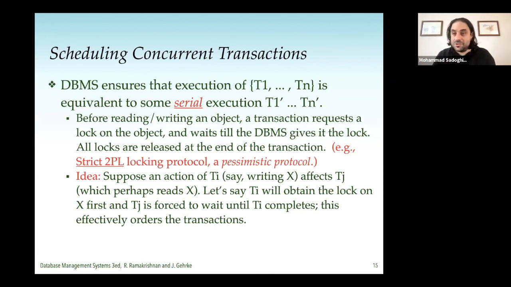In a serial execution, that could never have happened. In a serial execution, it's first 1, then 2, or first 2, then 1. But once I mix things, so that for some operations I do one transaction first and for others I reverse the order, then it's no longer a serial execution. And that's what we wanted to avoid.